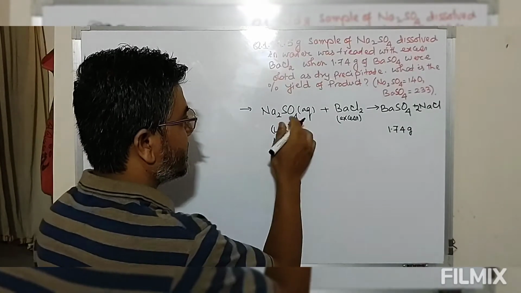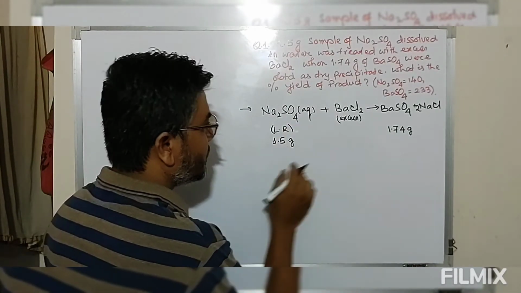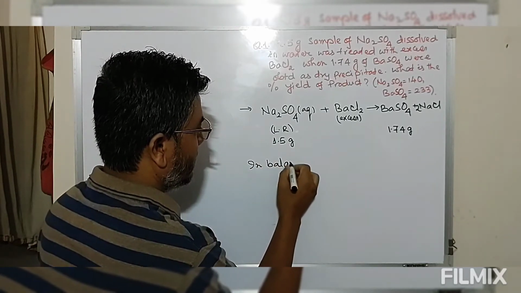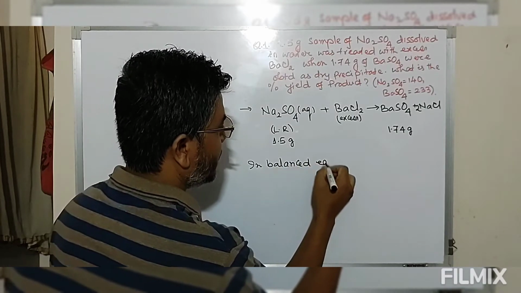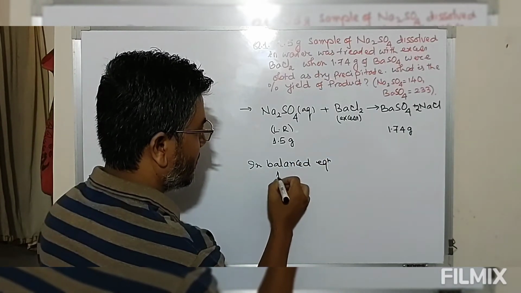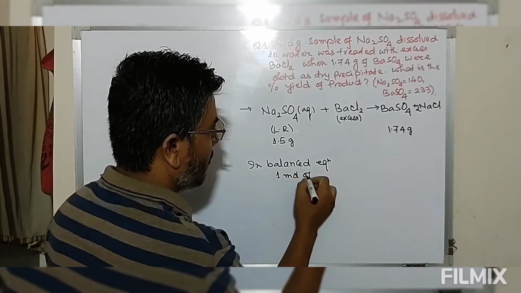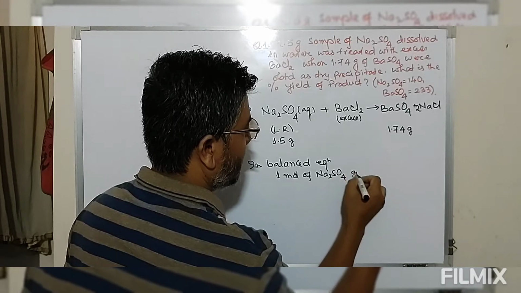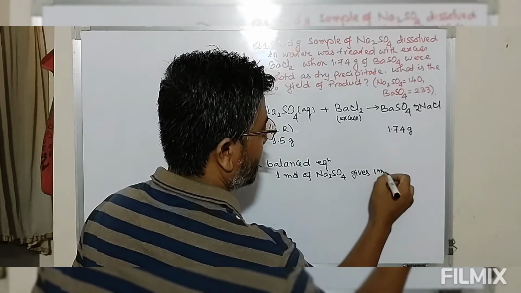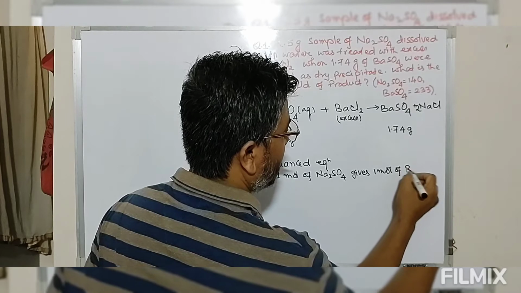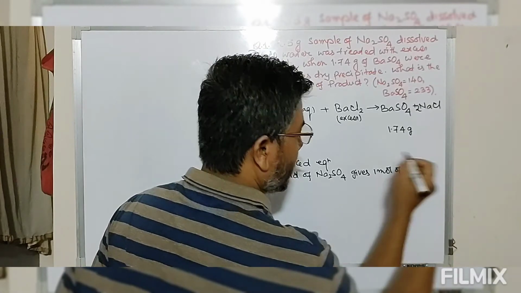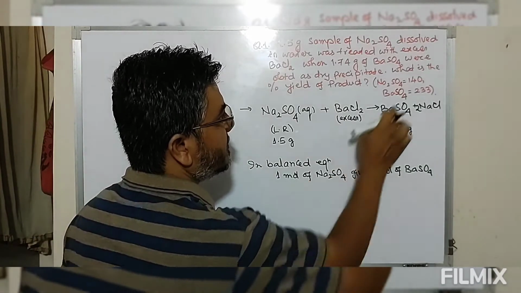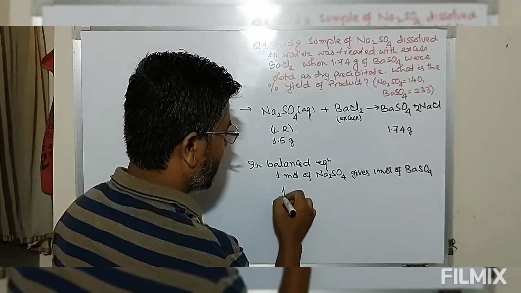Now look at this. In the balanced equation, we have 1 mole of sodium sulfate giving 1 mole of barium sulfate. The mass of 1 mole of sodium sulfate is 140 gram.